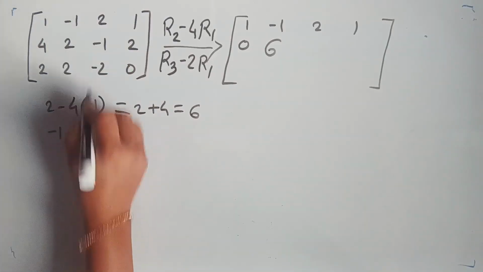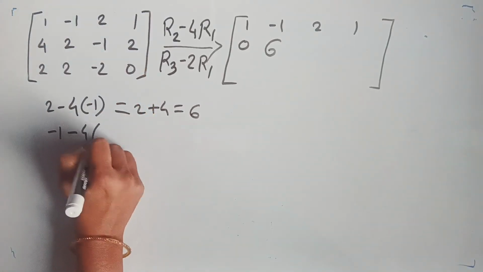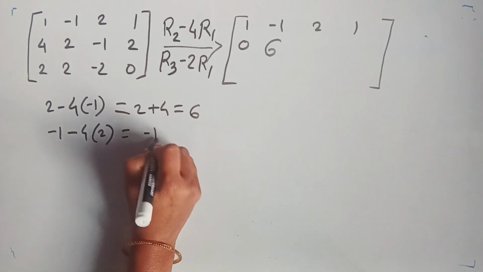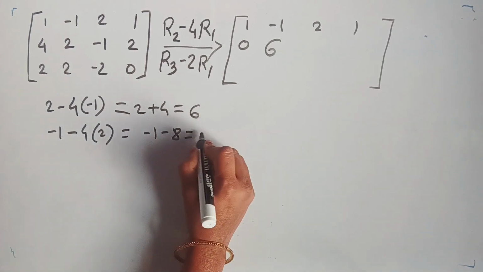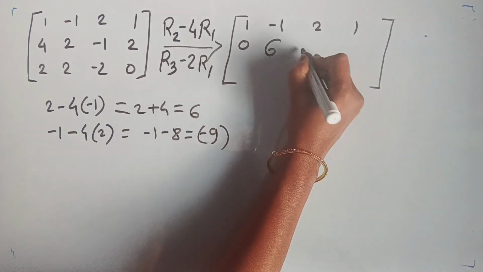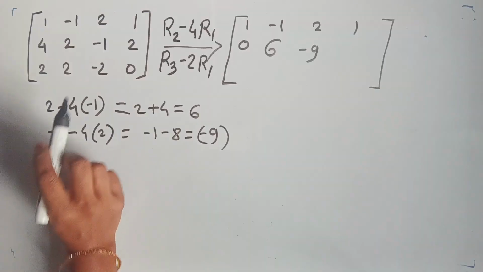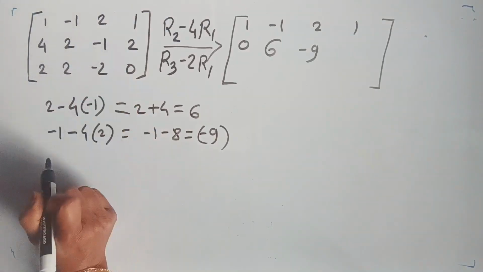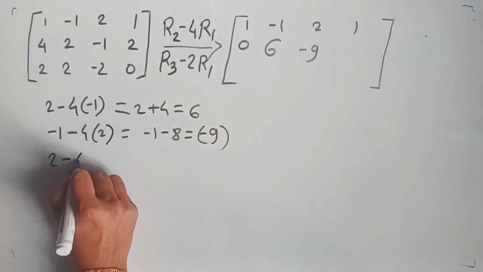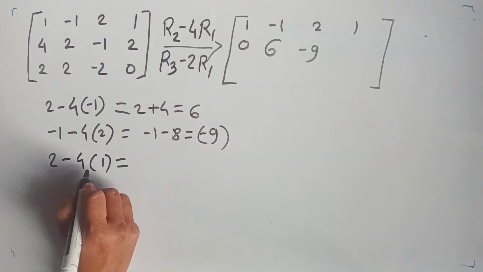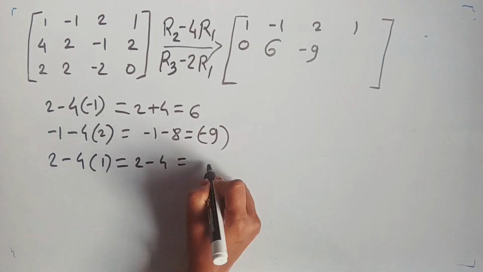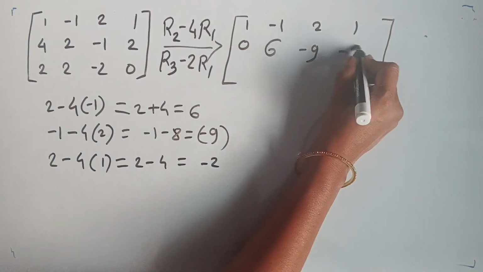Minus 1 minus 4 times 2, that is minus 1 minus 8, that is minus 9. So this quantity is minus 9. After that 2 minus 4 times 1, that is 2 minus 4, that is minus 2.